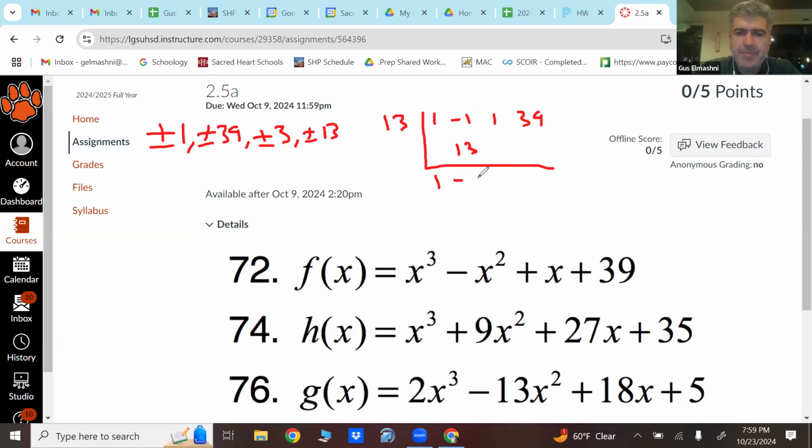Now it's gonna be too big. Nope. Yeah, that works.